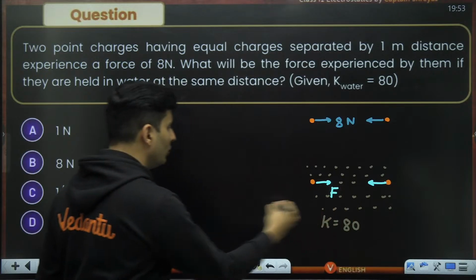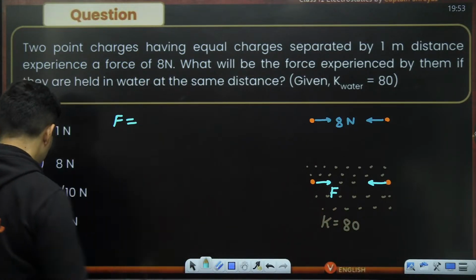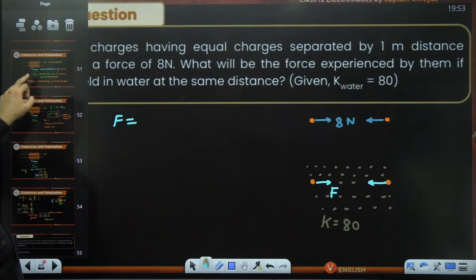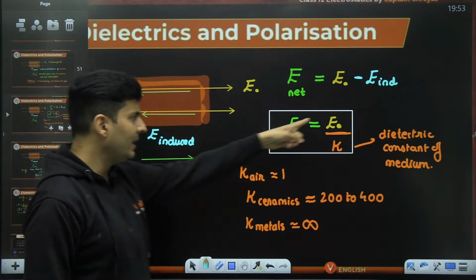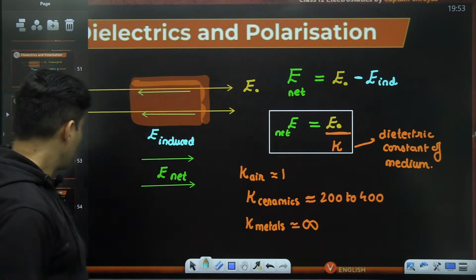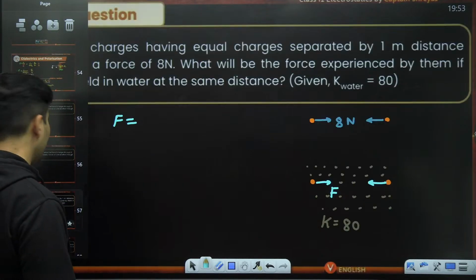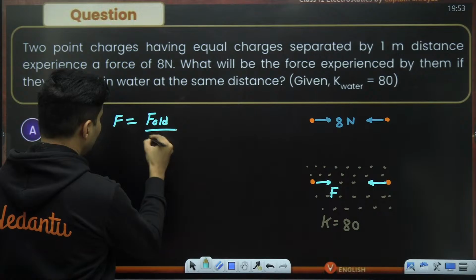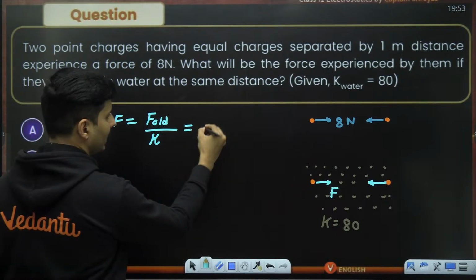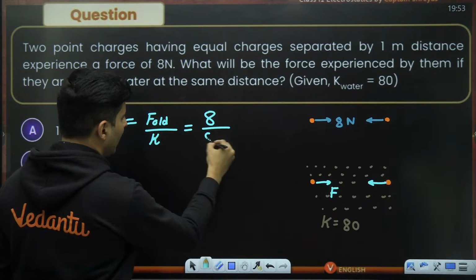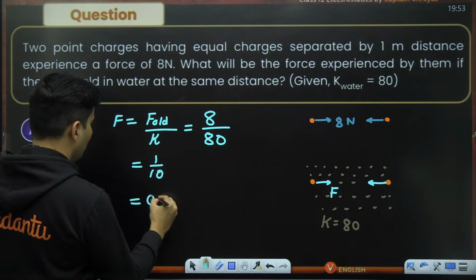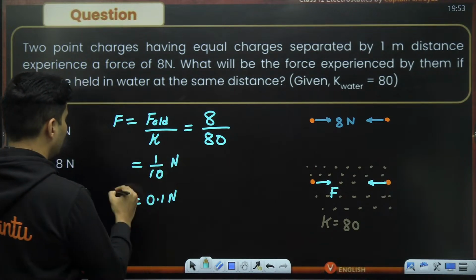This will be some new force, and just like our field calculation, where the field reduced by a factor of K, the same thing you can do over here. This force will also be the old force divided by the dielectric constant. So the old force is 8, the dielectric constant is 80. So it will be 1 by 10, which is 0.1 Newton.